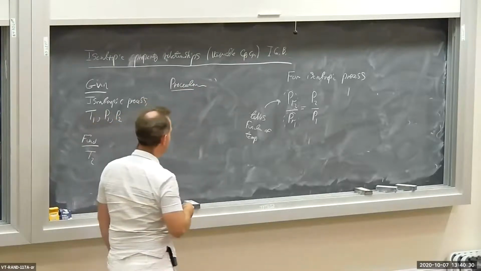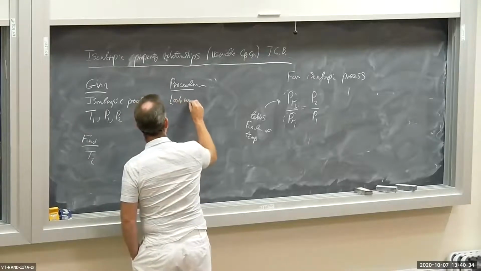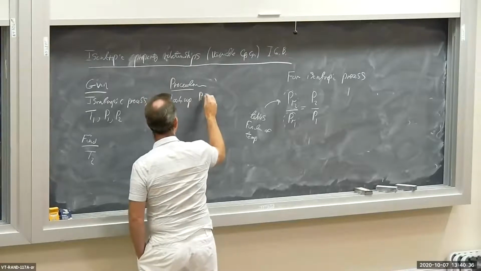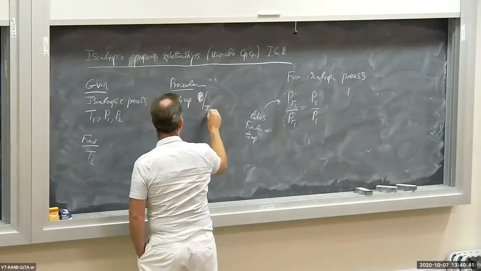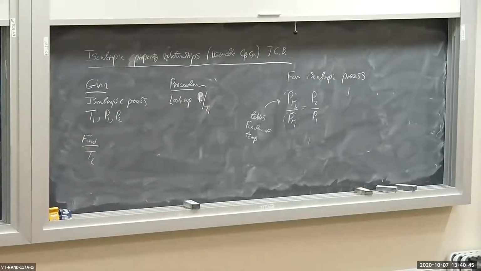You would first look up reduced pressure PR evaluated at temperature T1 from an IGB table. Let me show you here what this might look like.